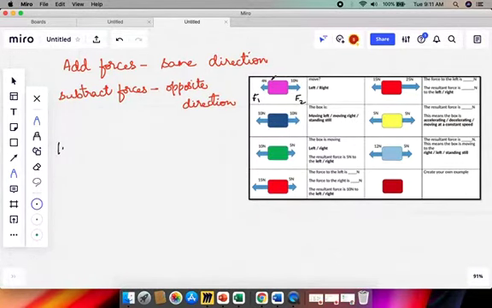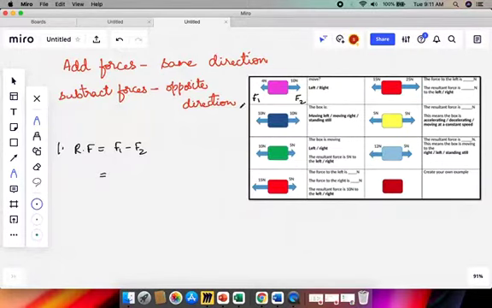Now I am choosing 4 Newton as F1, 10 Newton as F2. So according to this convention, the resultant force will be F1 minus F2, because my second force is opposite with respect to the first one. That is why I am subtracting the second force.